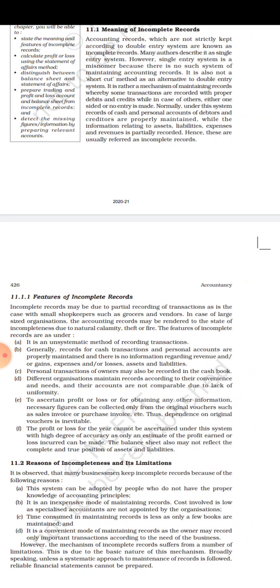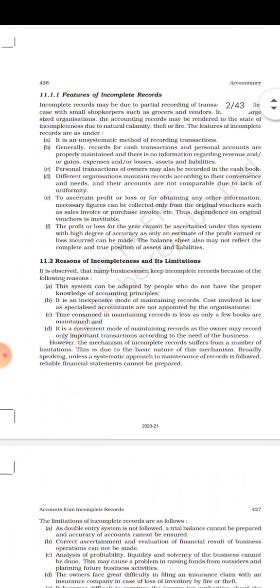The profit or loss for the year cannot be ascertained under this system with a high degree of accuracy, as only an estimate of the profit earned or loss incurred can be made. The balance sheet also may not reflect the complete and true position of assets and liabilities.